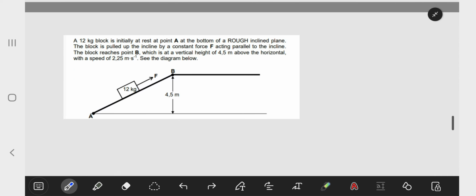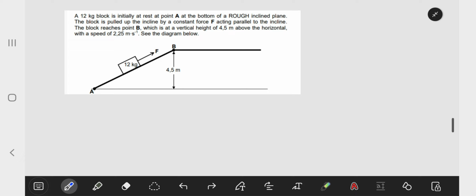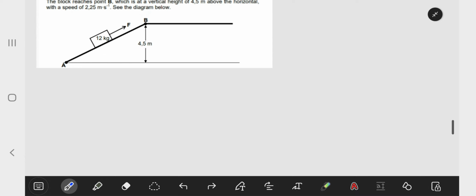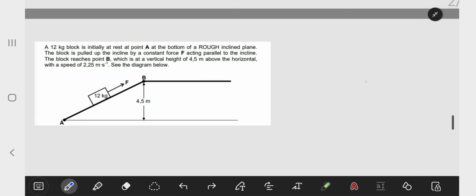So let us look at this example here and identify all the forces that are acting on the object, and then also draw a free body diagram. In that free body diagram we would be representing all the forces that are acting on that object.